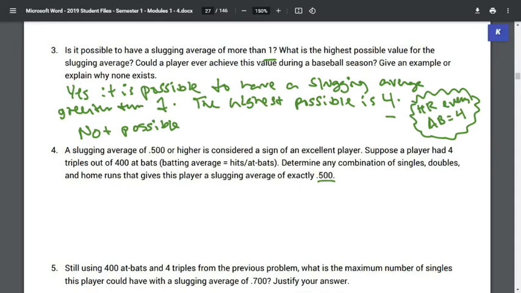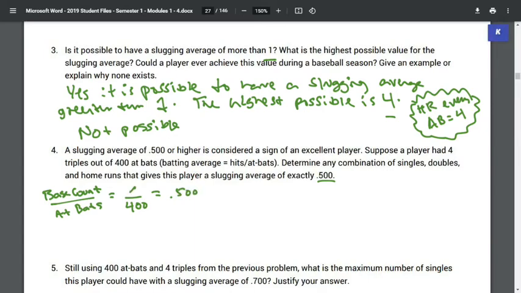There's going to be multiple correct answers for this, but the first thing we need to do, if we know our slugging percentage, is find what I'm going to call the base count, which is our weighted average over our at-bats. So this problem says we have 400 at-bats, and we want at least 0.5 as our slugging percentage.